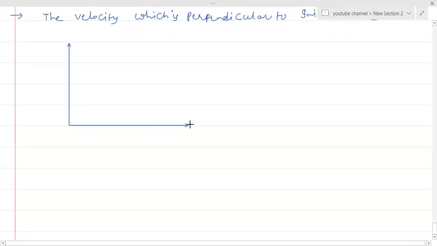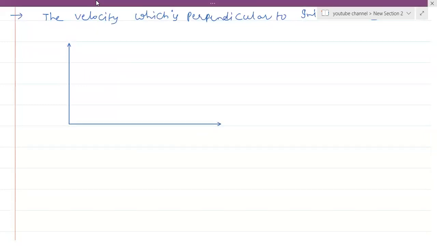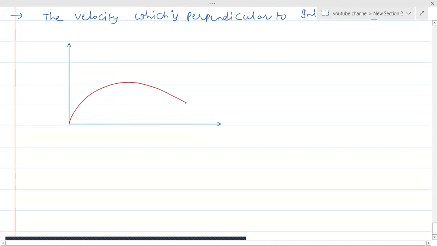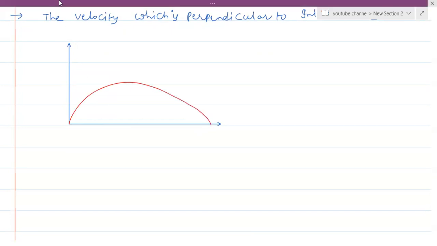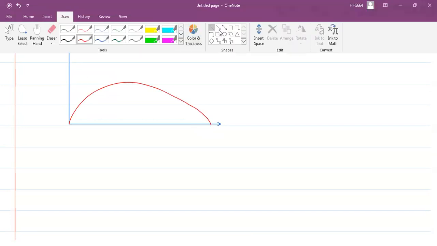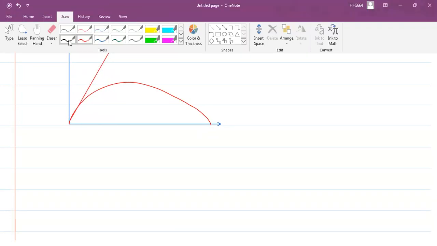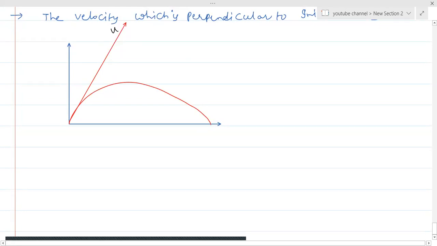For example, this is a body and you are projecting a body like this. So in this way, we are taking initial velocity. This is the initial velocity.